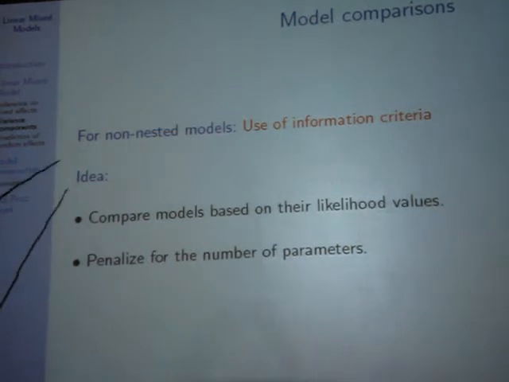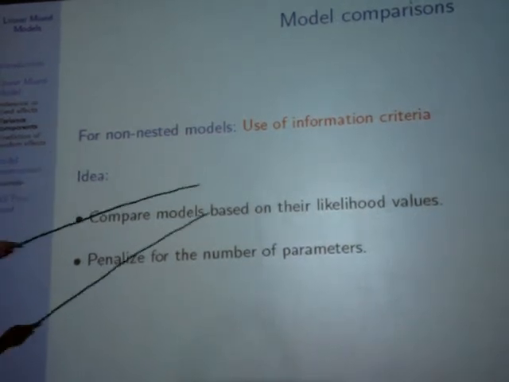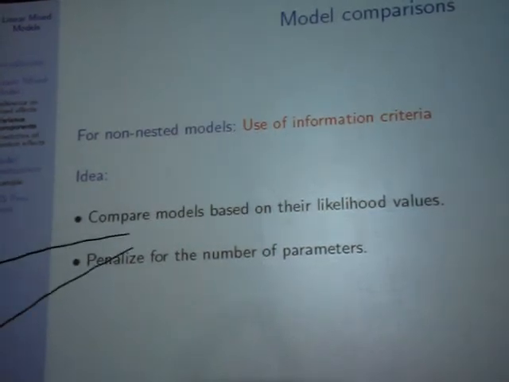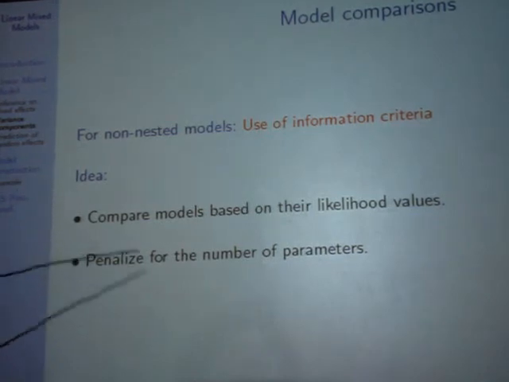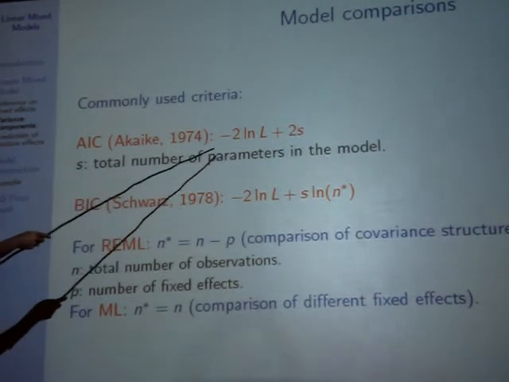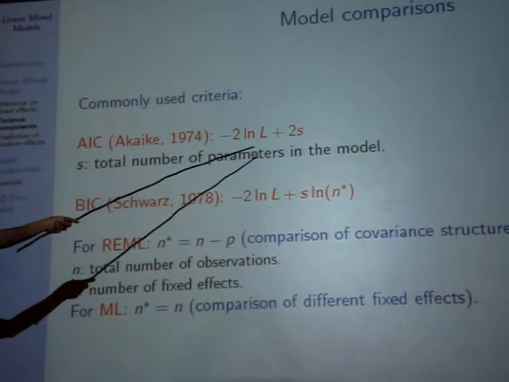So if you want to compare non-nested models, you usually use information criteria. So the idea is to compare models based on their likelihood values, but to penalize for the number of parameters in the model. So the most well-known criteria are AIC, which is defined as minus 2 log of the likelihood plus 2s.